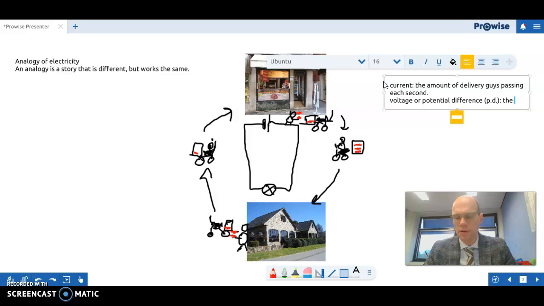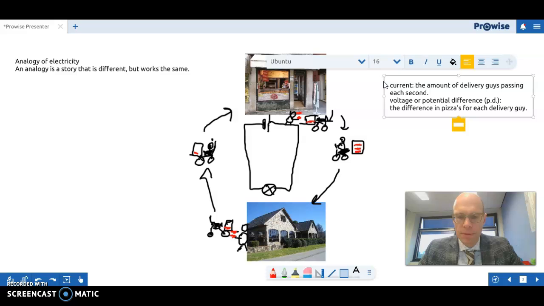So that is the difference: they get pizzas at the pizzeria, they give pizzas at the homes, so that is the difference in pizzas for each delivery guy.